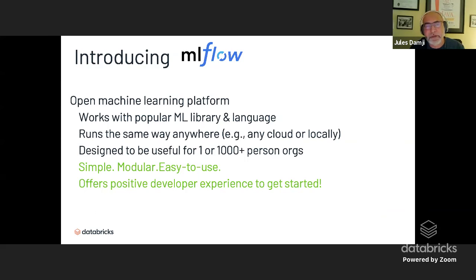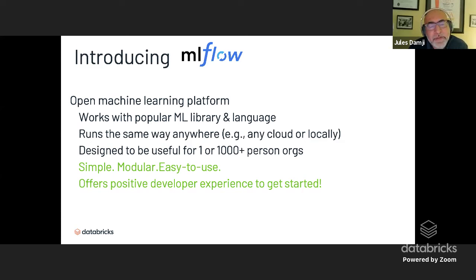We said, well, we're going to create this open source MLflow product, and we're going to allow popular machine learning libraries and languages to be part of that platform. We want people to be able to run the same way in which they created the model locally, and run it in the cloud in the same way. In other words, the models they produce are easily transferable and exchangeable.